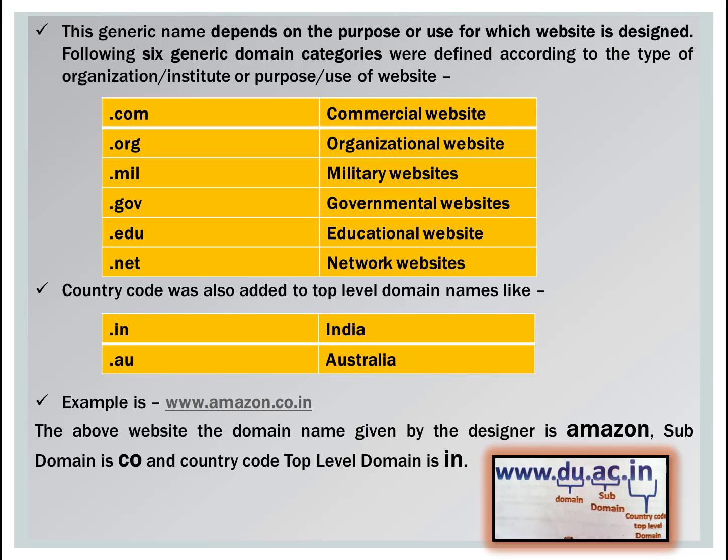It is used for India. .au for Australia. An example is www.amazon.co.in. In the above website, the domain name given by the designer is Amazon, the subdomain is co, and the country code top level domain is in.